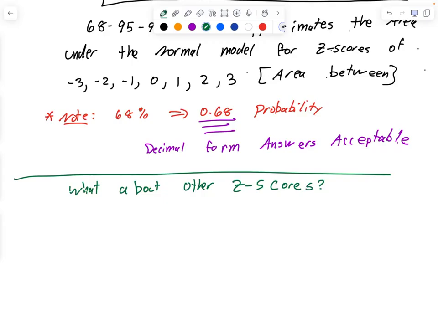For that, the answer is what we call a z-table.